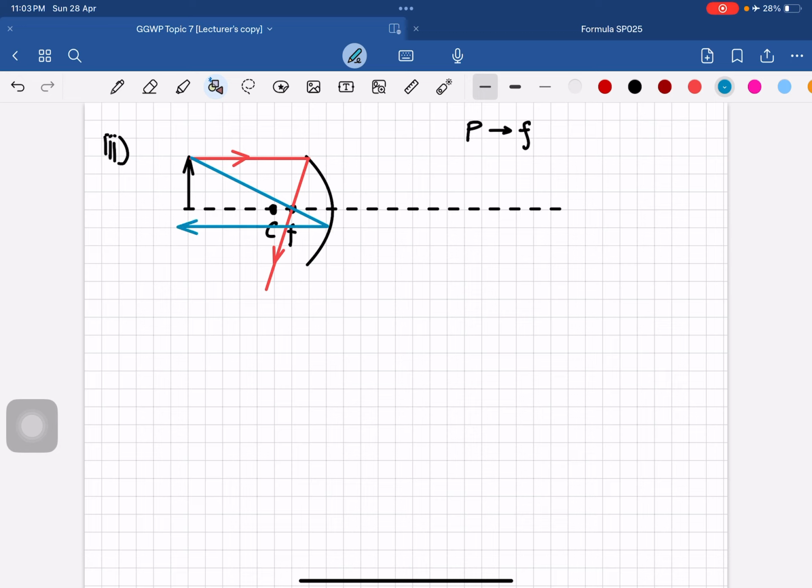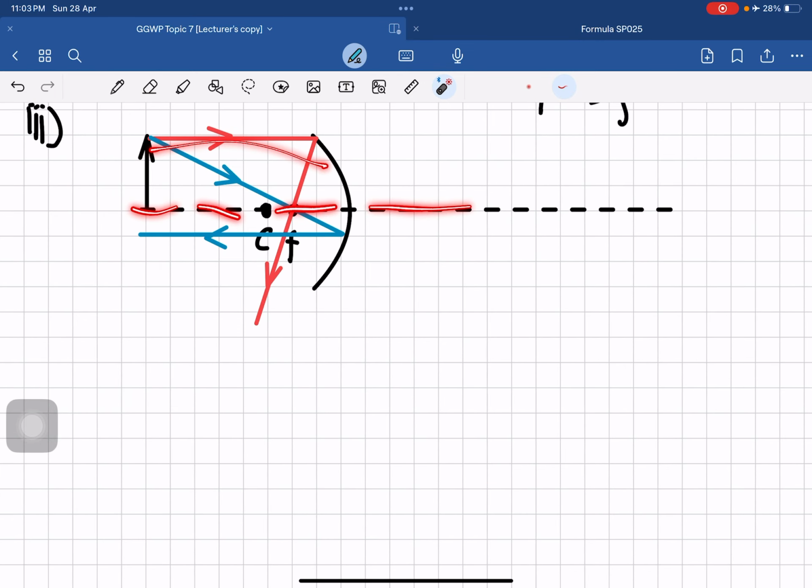Okay, so how do I know it's gonna be an inverted image? Arrow ni penting ha. So if the point of intersection for your ray diagram, your lines ni, is at the bottom of your principal axis, it's going to be an inverted image.